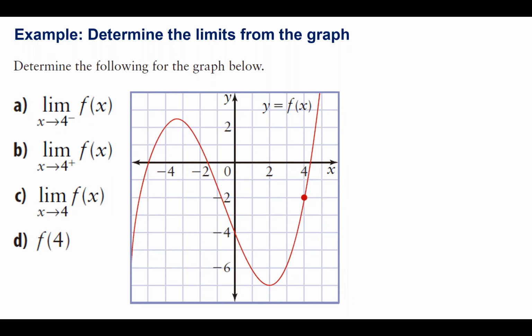B, the limit of f(x) when x approaches 4 from the right side. C, the limit of f(x) when x approaches 4. D, f(4).